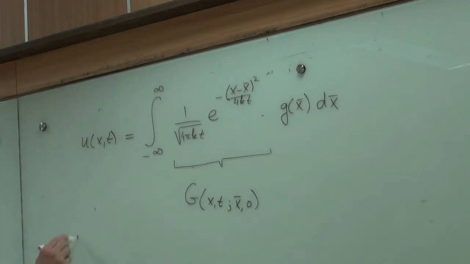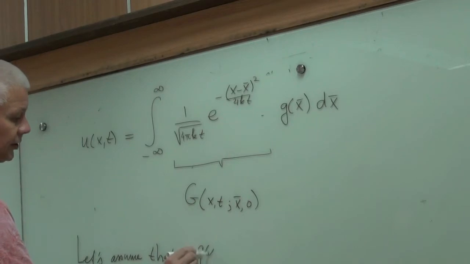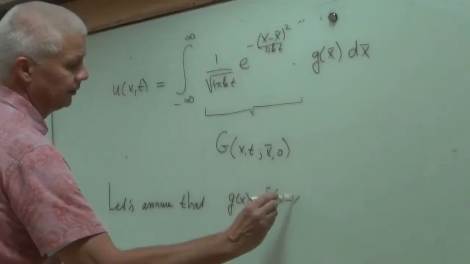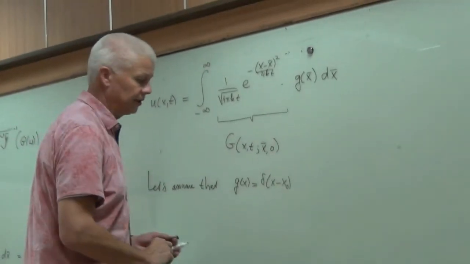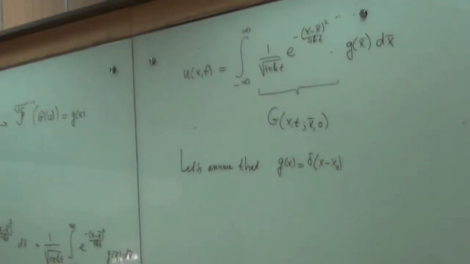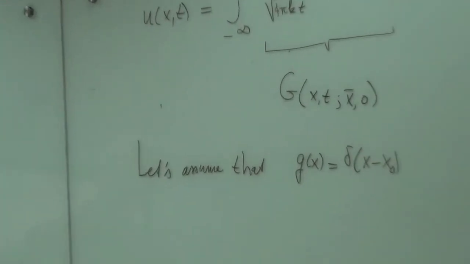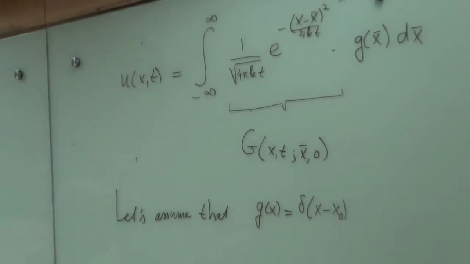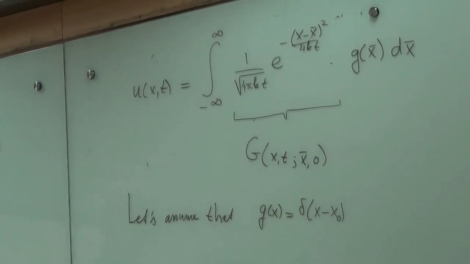I can also do it in another way. Let's assume that g(x) is the delta function at a certain point x equal to x0. Because I take my initial conditions, t is already 0 for g(x). What happens if I take this special initial condition?